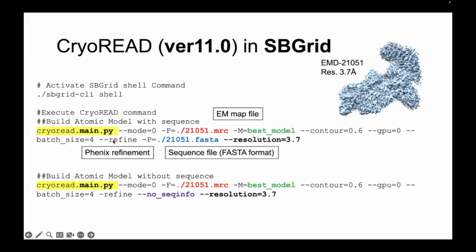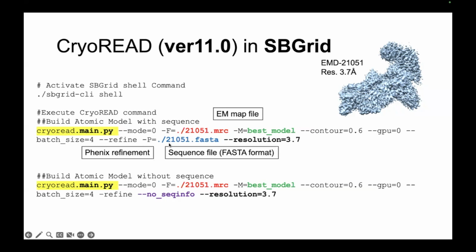These options specify that if you want to refine the CryoRead model using the Phoenix refinement, please use this. Then Phoenix further improves the bond connectivities and removes clashes, and so on.